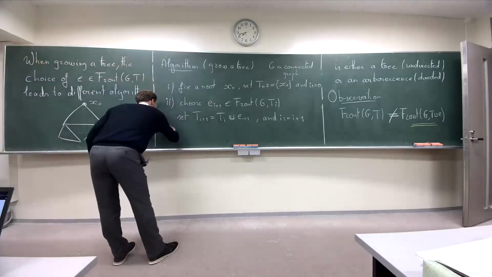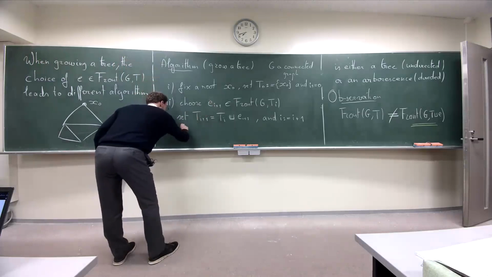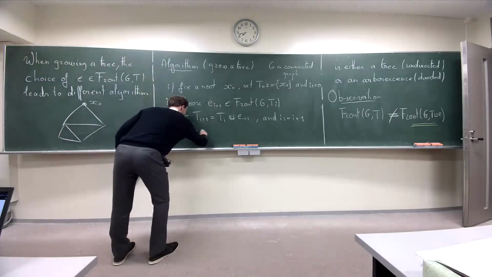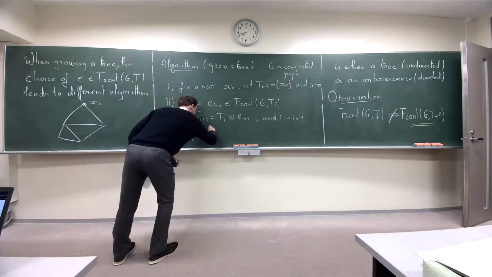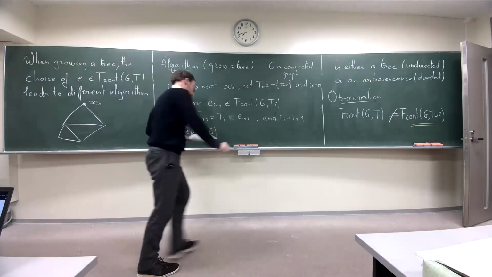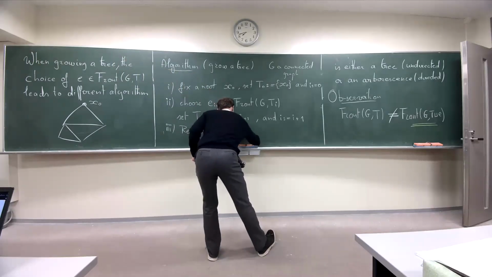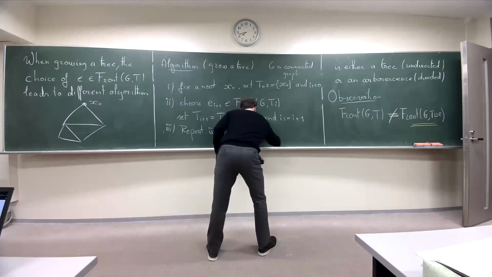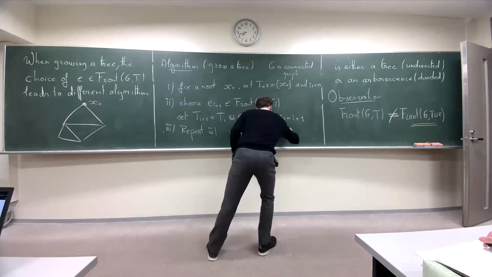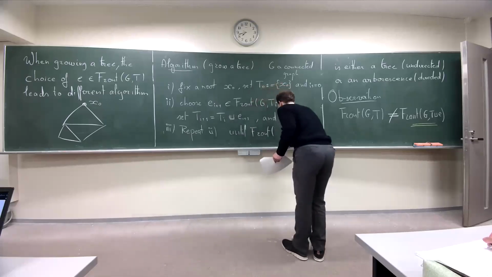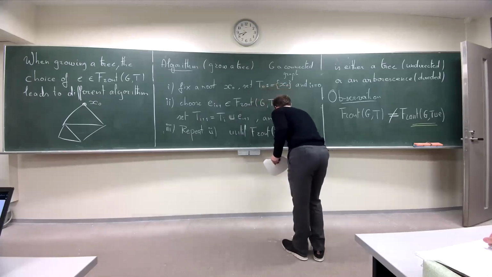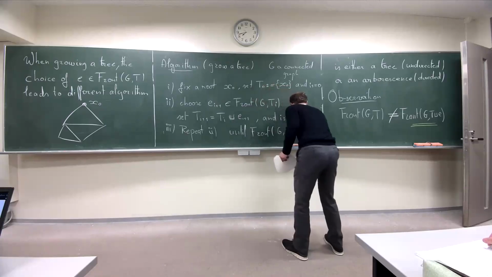The third point is repeat point 2 until the front of GTI is an empty set.